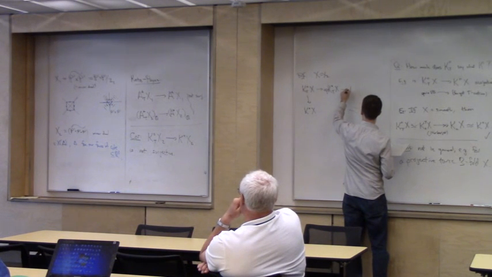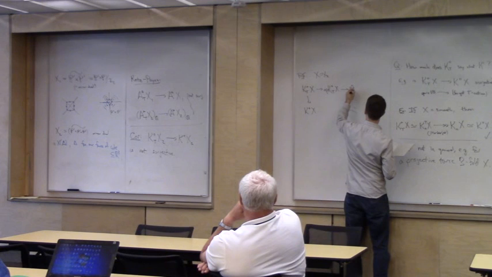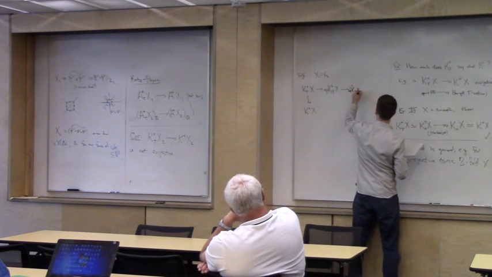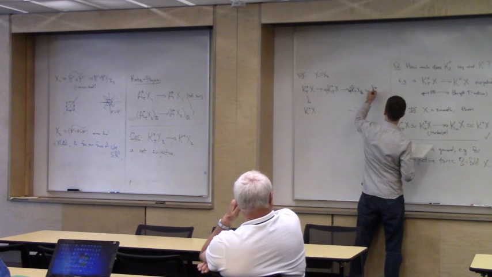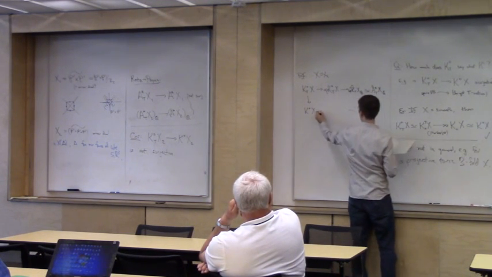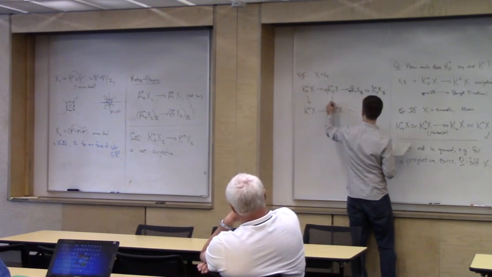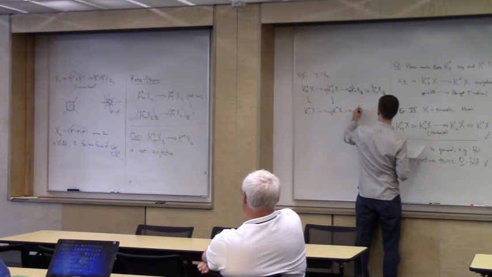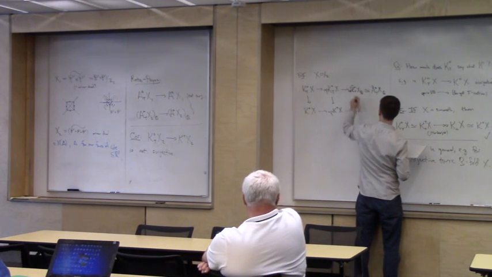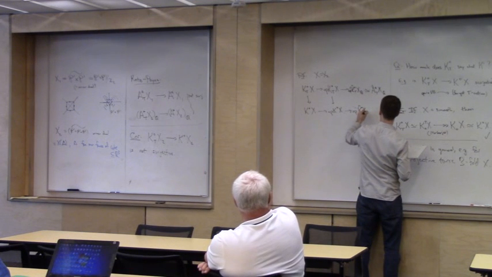And so there's a map to K hat, tensor with Q, and this becomes isomorphic to A hat of X tensor with Q. And then the bottom row will just be forgetting the equivariant structure.